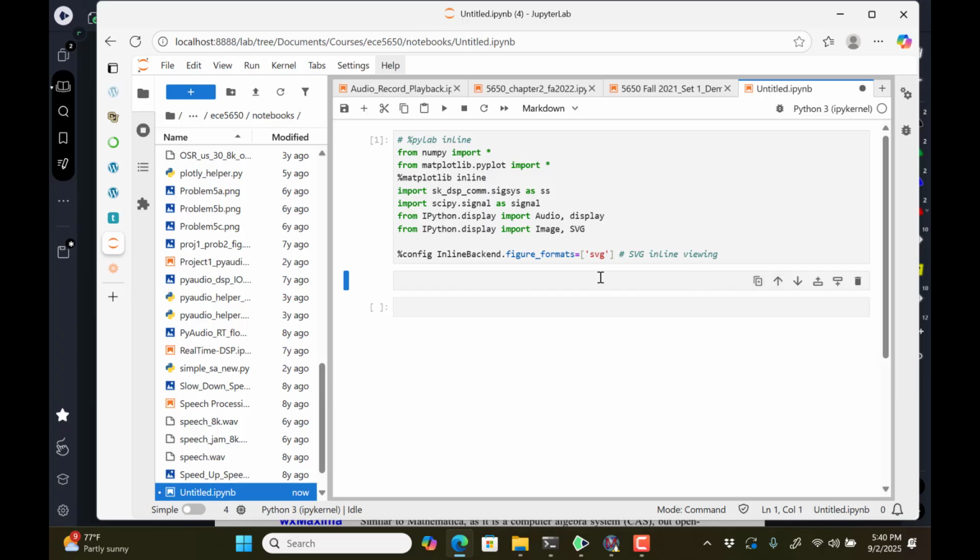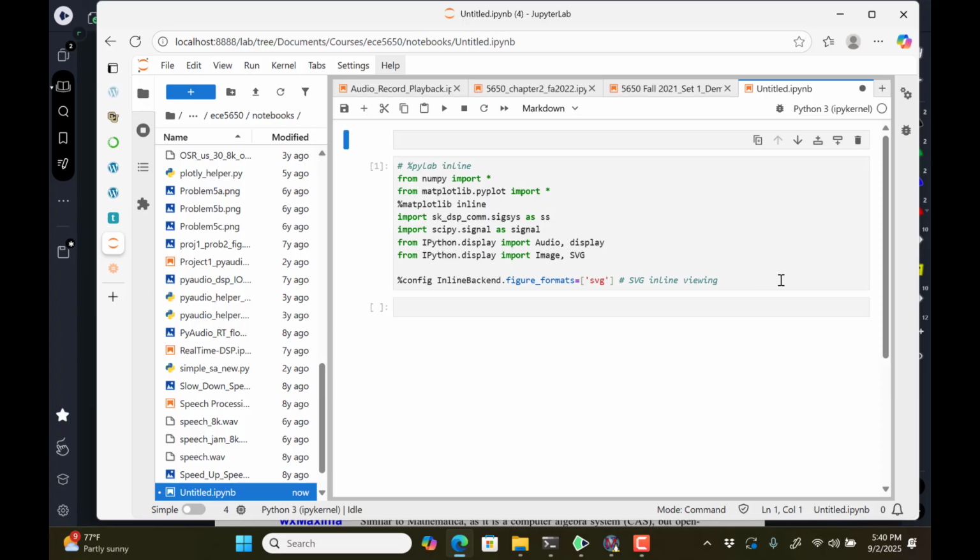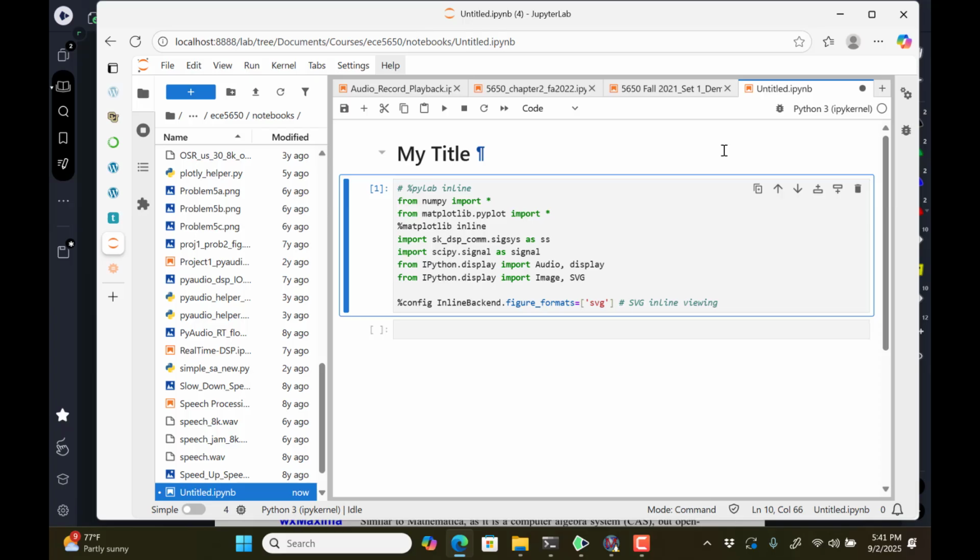Then I can push it up above and mark down a single hash like that. Shift-Enter, and that comes out of the notebook as the text that goes with it.